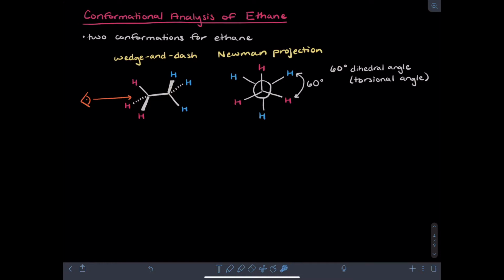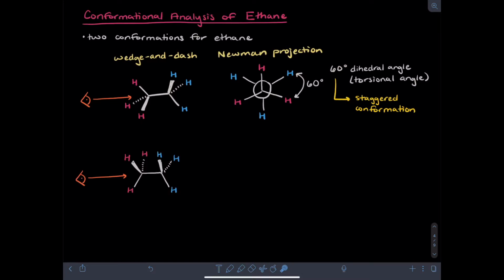I would call this a dihedral angle or the torsional angle. These terms refer to an angle separating two planes. This conformation, in which you have the 60-degree separation of the front carbon and back carbon's hydrogens, is known as the staggered conformation. Our hydrogens are staggered and not stacked.